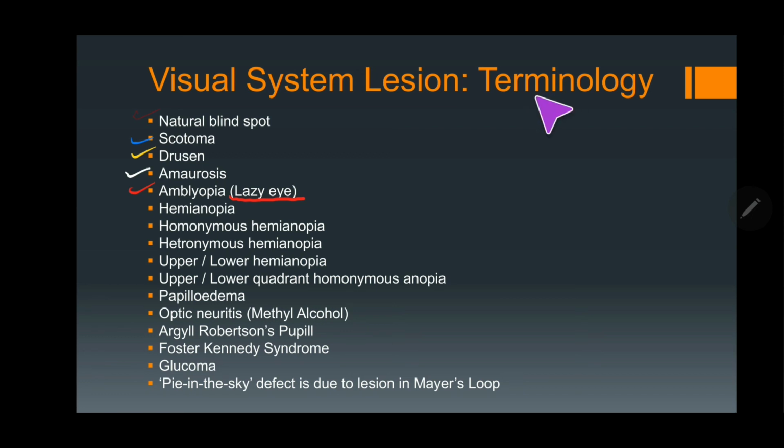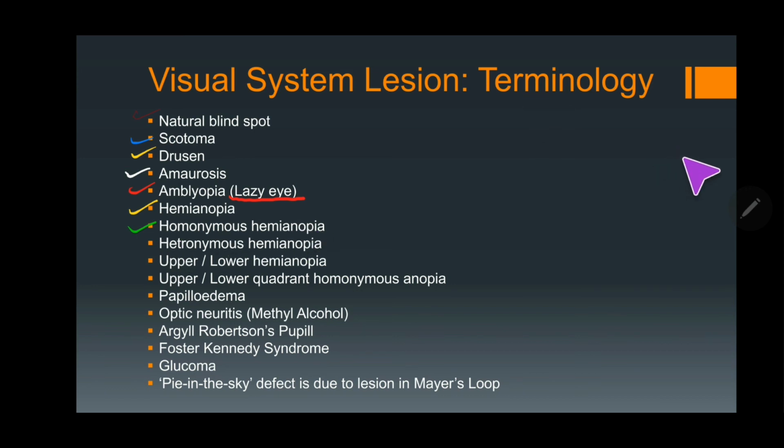And hemianopia means you are able to see only one half of the visual field and not the other half, and it's not necessary for both eyes, maybe one eye also. So if one half of the visual field is not visible, it's called hemianopia. Got it? Then homonymous hemianopia is when there is loss of vision in one half of the visual field, the same half in both eyes, and that's called homonymous hemianopia.